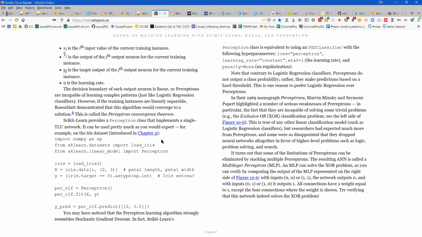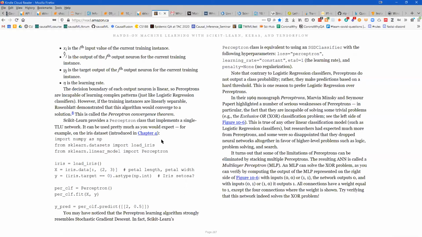The output is the OR function, except when the two inputs are equal, and then the output is 0. So it's kind of like the OR function, except the mapping of 1, 1 is 0, whereas 1 OR 1 would give you a 1 in logic, but 1 XOR 1 gives you 0.